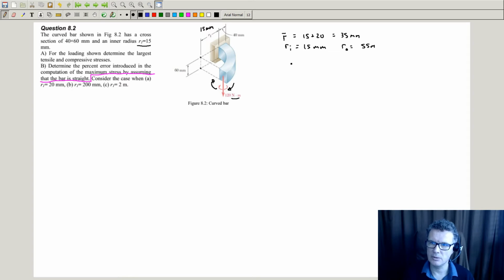What else did we do? Well, you can work out the area. Just do basic stuff for the moment. So the cross-sectional area of this is 40 times 60. Okay, 4 times 6.